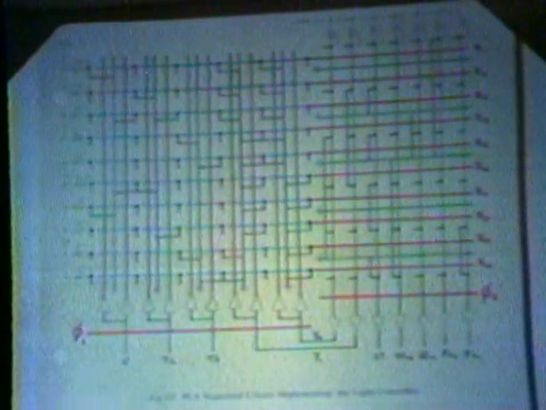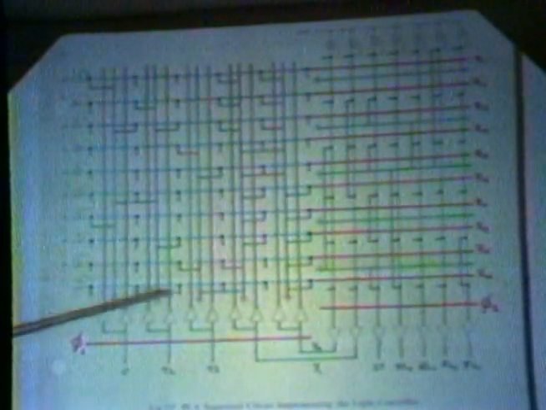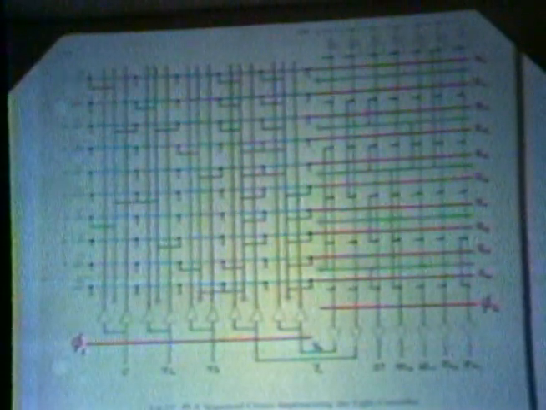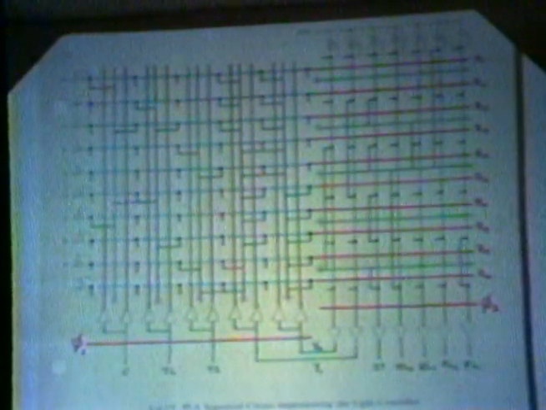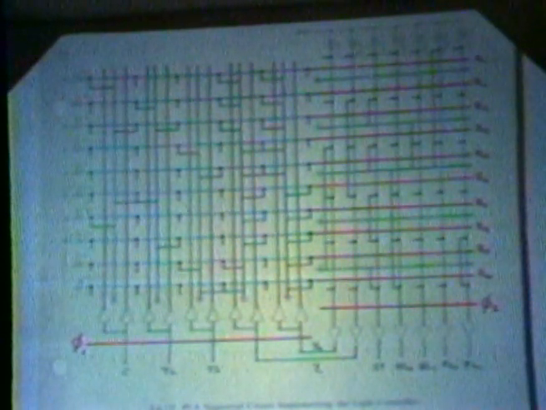Yes? Is there any limit on the number of input terms you can have to a PLA? As you increase the number of input terms on a PLA, the only thing that gives you any trouble is that the width of this section grows, okay? You may be using it fairly sparsely if you have fairly sparse logic. It may not be beneficial to let that double to handle twice as many inputs if you can decompose the problem in some way.